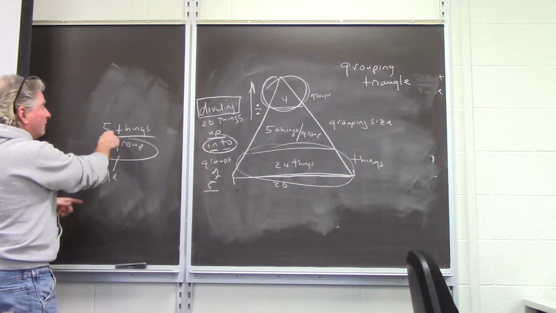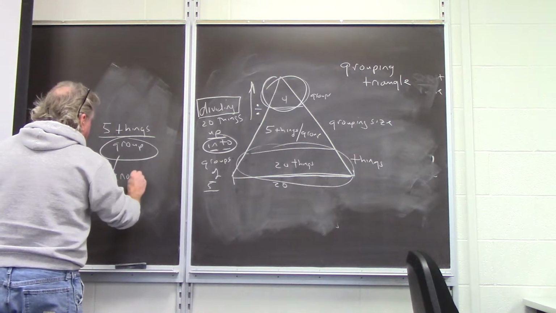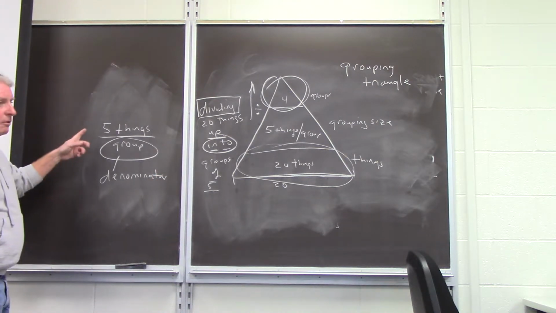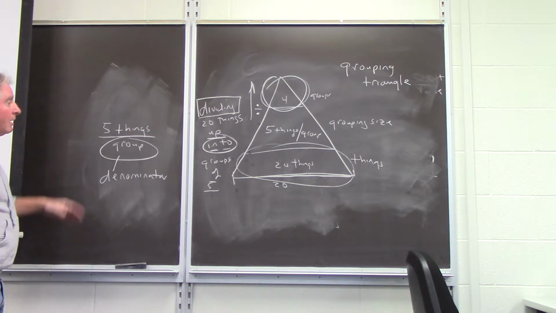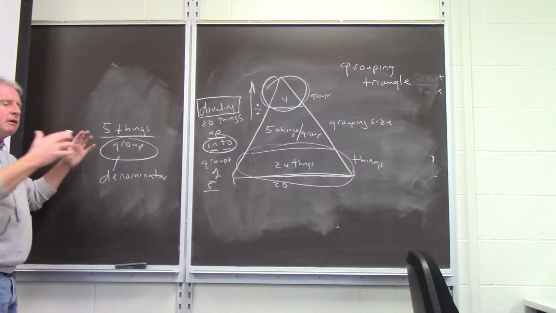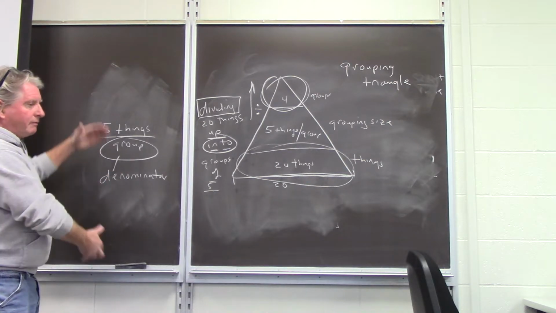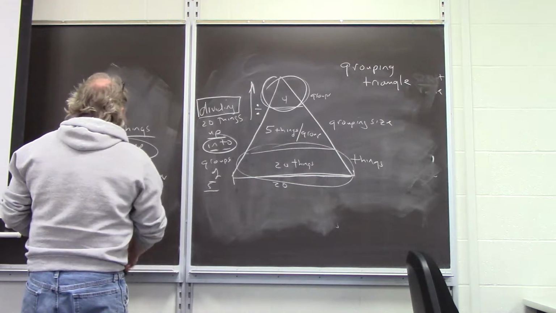It's like 5 things in the group. And the numerator is the thing that you're grouping. Okay, now, conceptually we want to make this make sense. We don't really want you to have to memorize this. It should make sense.